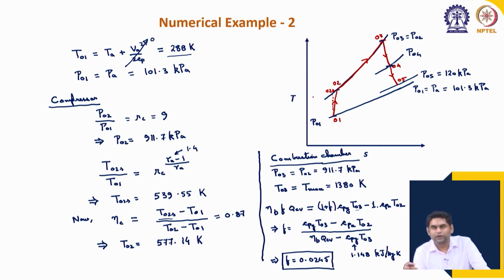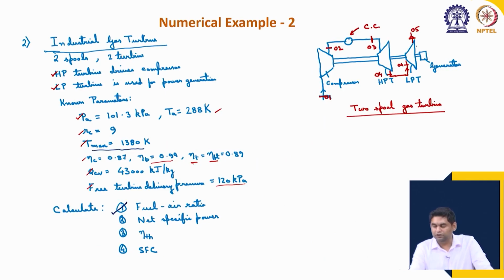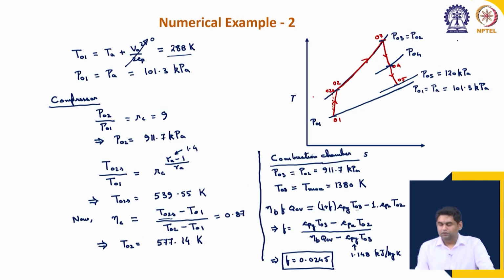So, the net work output from the cycle is the work which is generated by the second turbine 04 to 05. This turbine is known as free turbine, okay, because this is not coupled to the compressor. So, the free turbine will give us the external work output.